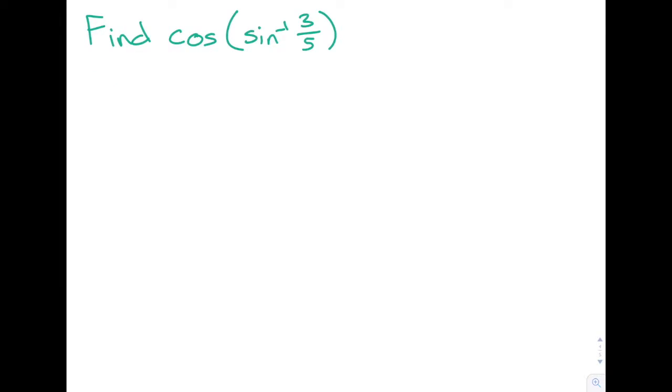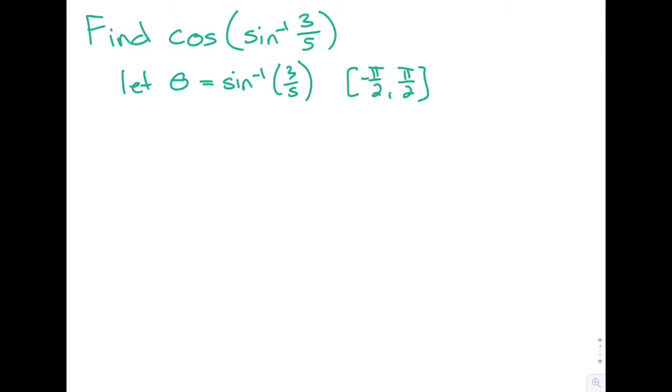For this next one, we'll find the cosine of sine inverse of 3/5. We have two ways to solve this. We'll begin by letting theta equal sine inverse of 3/5. Since we're handing sine inverse a number between -1 and 1, we will get out some angle on the interval negative pi over 2 to pi over 2.